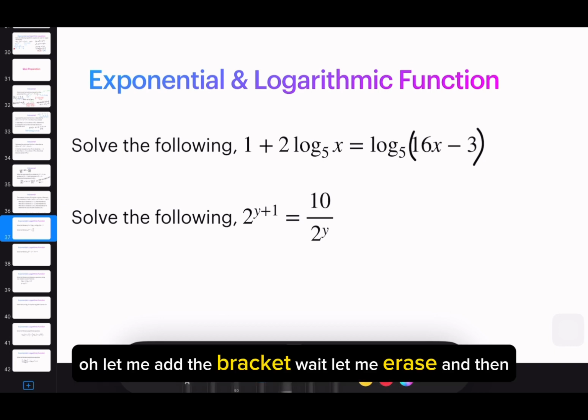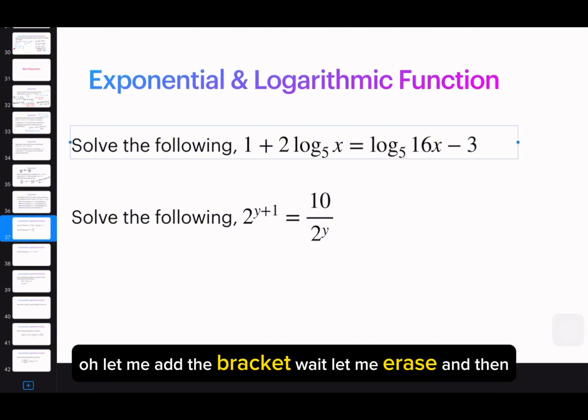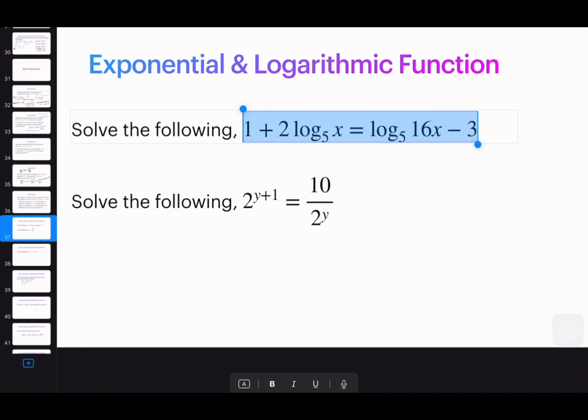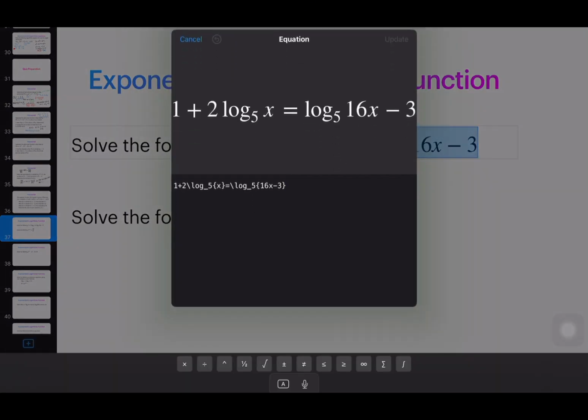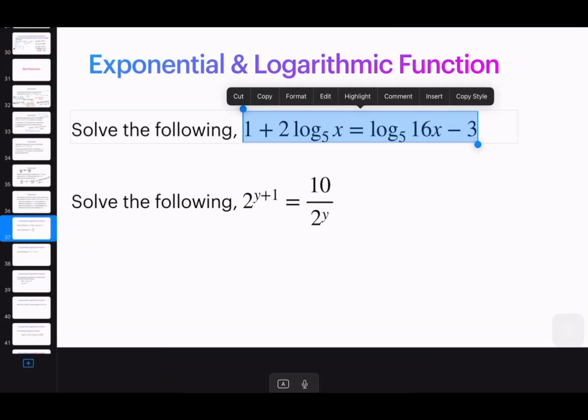Let me add the bracket, wait. Let me erase, and then let me write.